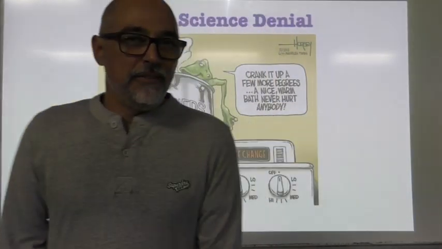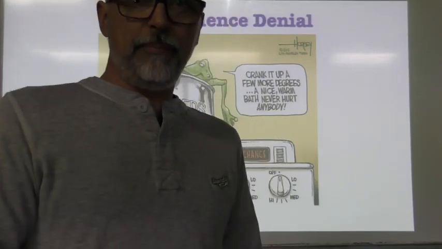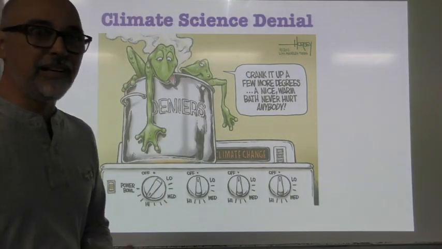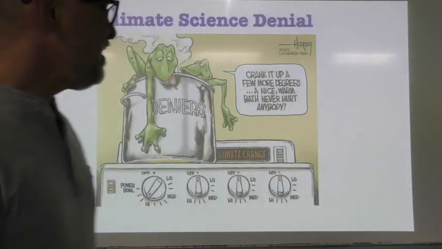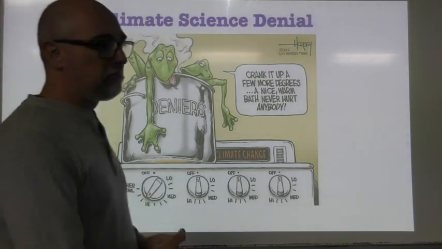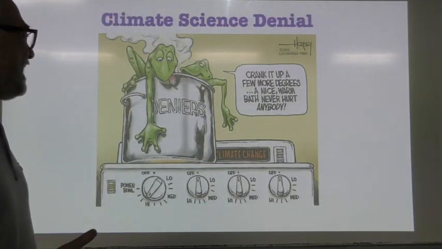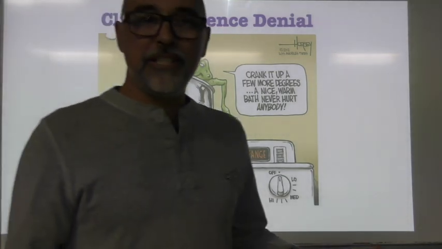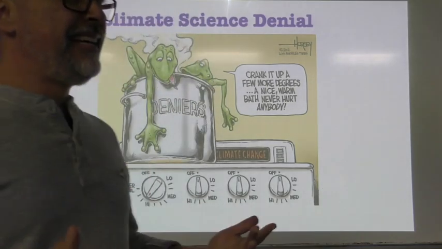The saying goes, if you throw a frog into hot water, it will jump out straight away because it knows it's bad. It's obviously not comfortable, not good. But if you put a frog in cold water and slowly turn up the heat, it gets used to the heat. And the idea is that eventually it'll probably just die in there without realizing that there's a problem. And that is the idea.